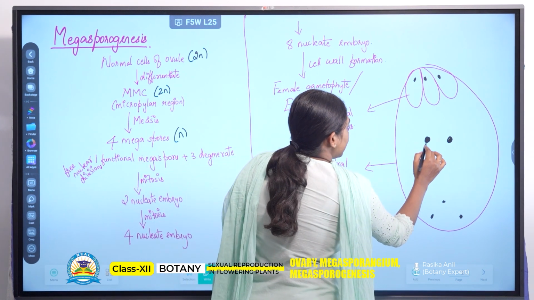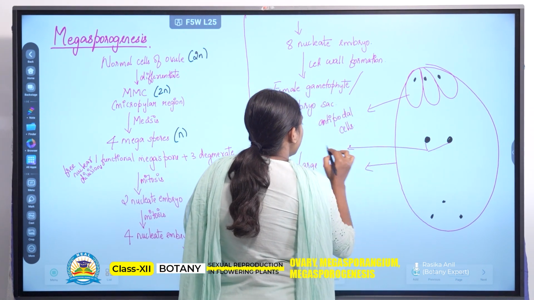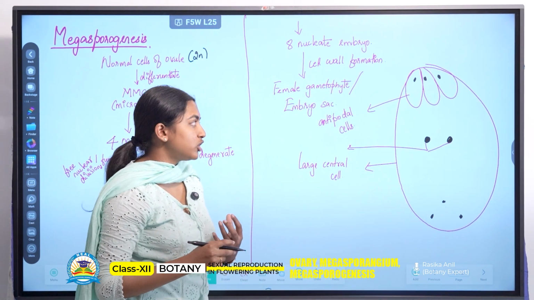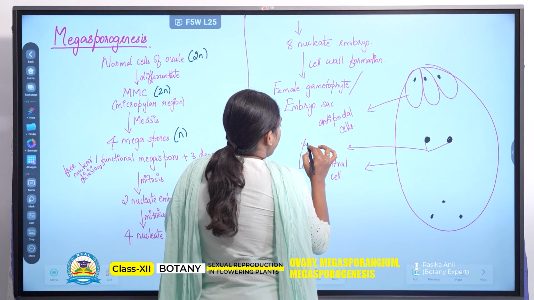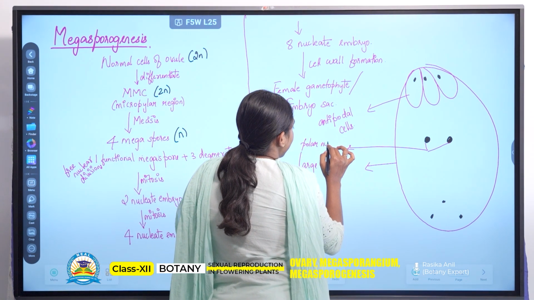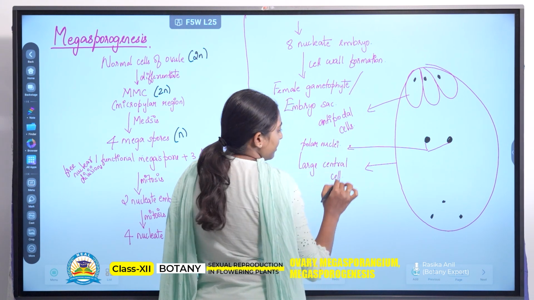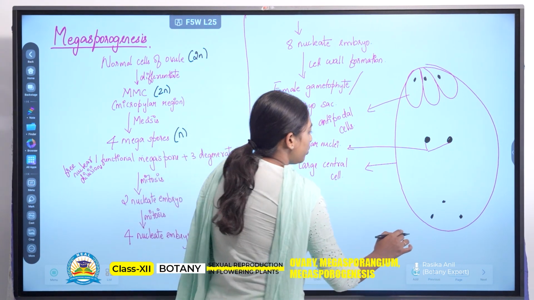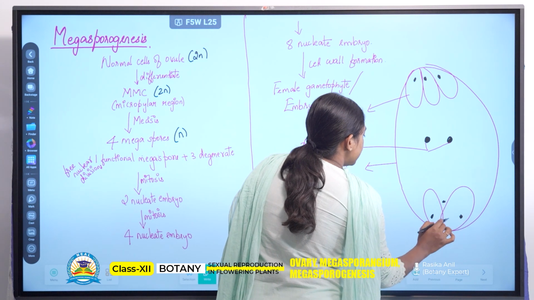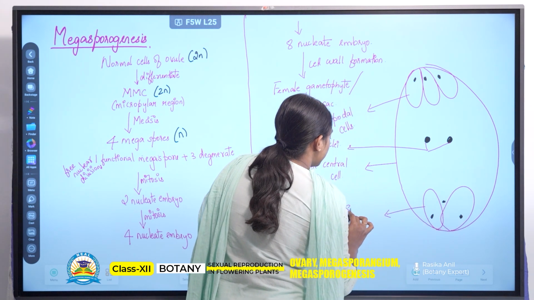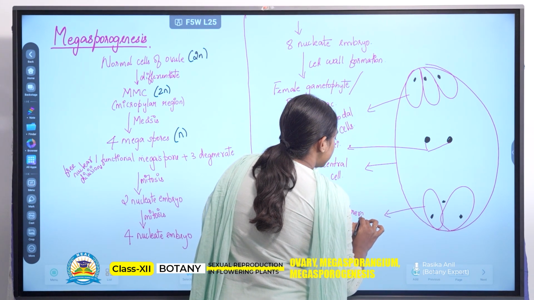And these 2, that's not a cell, that's just nuclei. There is no cell wall around it. So these are your polar nuclei. Then you have these 2 cells, your synergids.